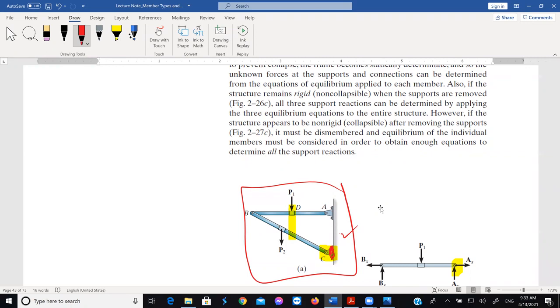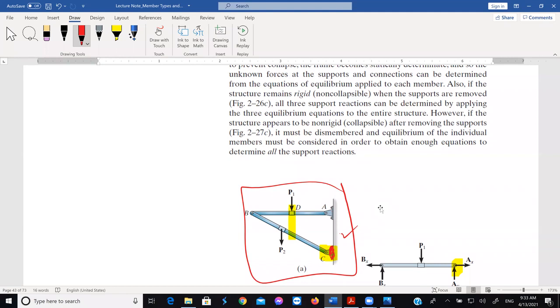So to prevent collapse, we intentionally sometimes make our structure statically indeterminate, and sometimes we just increase the structural indeterminacy to make our structure more stable, and it also prevents collapse.